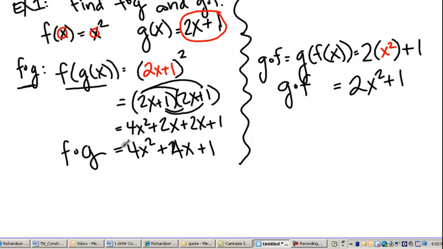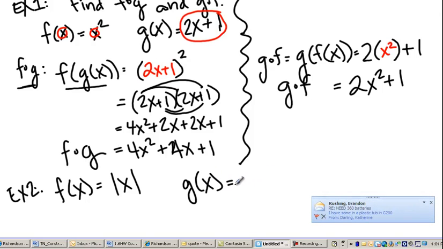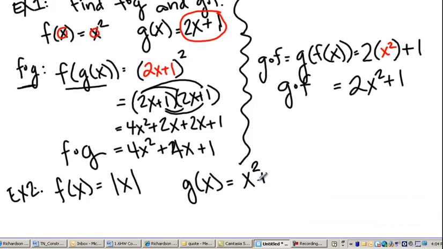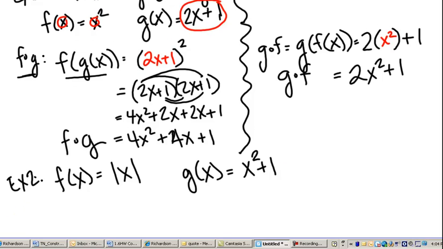Okay, let's do example 2. We have f of x is the absolute value of x, and we have g of x is x squared plus 1.